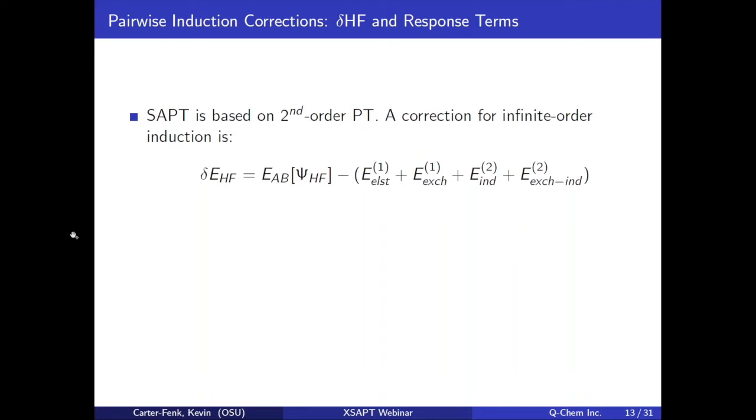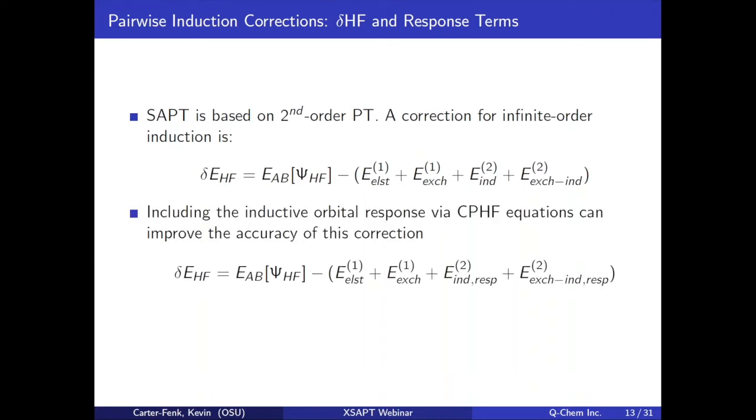And we can get even more accurate results with this treatment by replacing the usual SAPT induction amplitudes with induction amplitudes from coupled perturbed Hartree-Fock equations. So that I've notated here with induction response and exchange induction response.